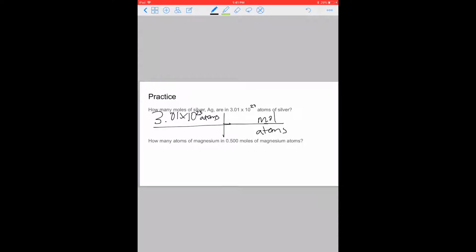So we put moles on top. And we know that a mole is a much bigger unit. For every 1 mole, we actually have 6.02 times 10 to the 23rd atoms. And so then we put that in our calculator. We take 3.01 times 10 to the 23rd, divided by 6.02 times 10 to the 23rd, and we get 0.5 moles of silver.